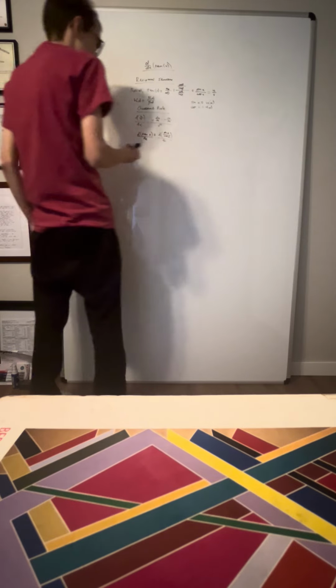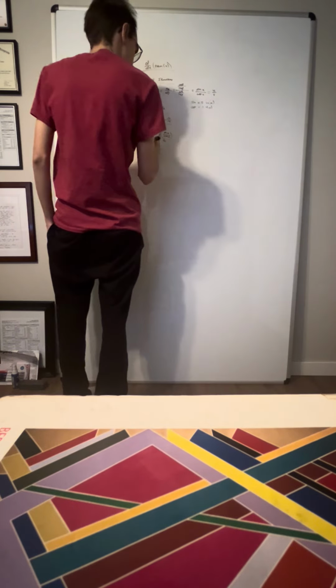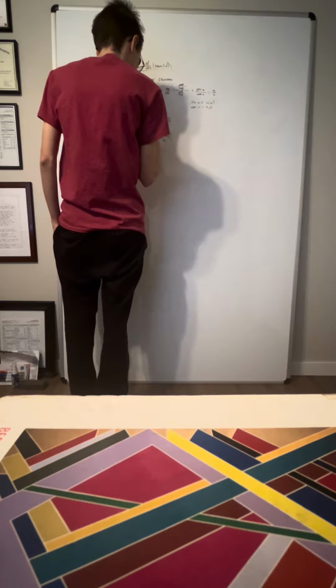So now this is going to be equal to, first we need our v of x piece. So in this case, that's going to be our cosine of x, and we're going to multiply this by the derivative of u of x with respect to x.